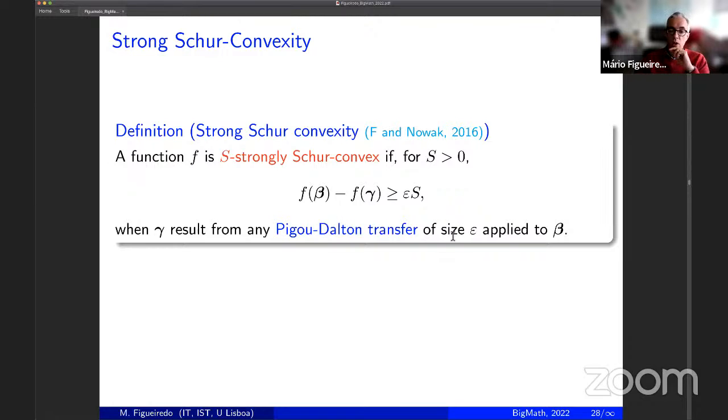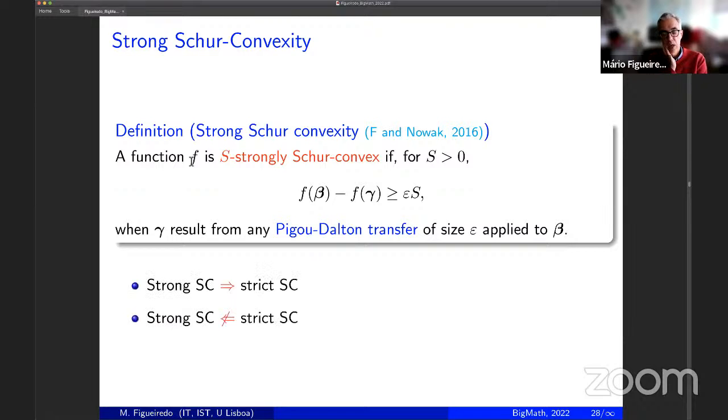And whenever the Pigou-Dalton transfer is of size epsilon, then the difference between these two function values is lower bounded by the size of the transfer times some constant that is a property of this function. So this is called strong Schur convexity, which, as far as we know, was a new concept then.